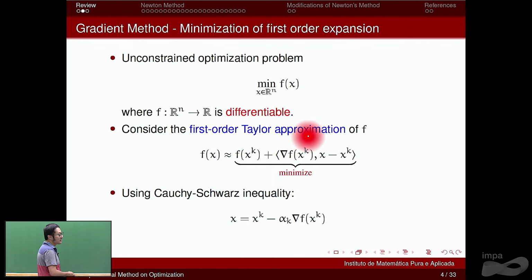You have an upper bound and a lower bound, and you can reach the lower bound, the equality, when you take x minus xk equals some alpha times the gradient. Then you get the minus gradient direction. So this is one way to understand the gradient descent method.